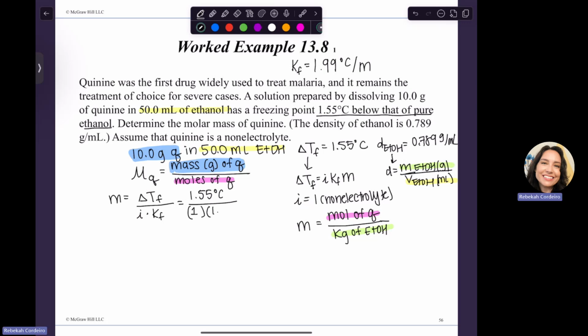And I know my KF is 1.99 degrees C per mole. This cancels out my degrees C, and I get 1 over mole, which is just mole, which is what I want. So my molality is going to be 1.55 divided by 1.99.